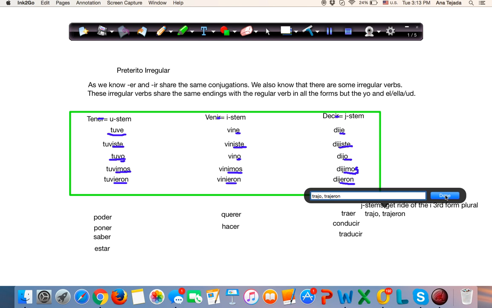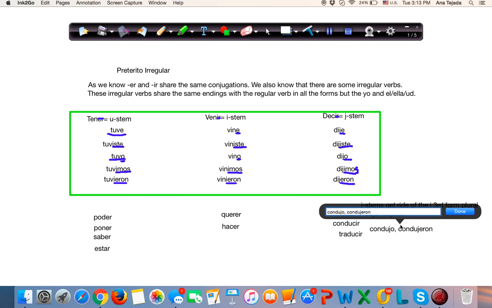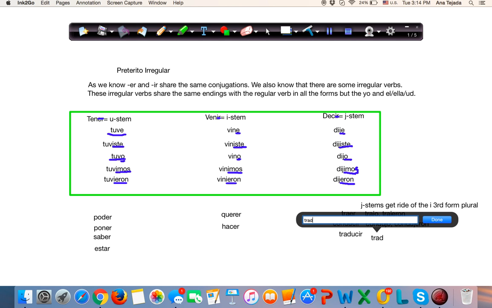Okay. Since conducir, condujo. Ustedes, ellos, ellas, condujeron. Traducir, tradujo, because we get rid of the CIR and add a J, and then the regular ending.